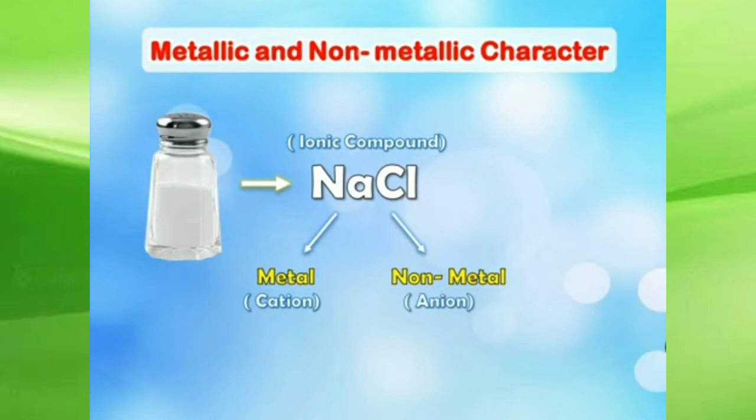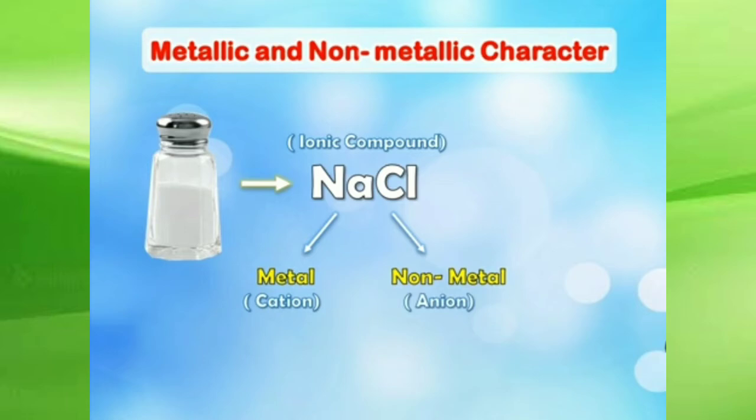Now what are cations and anions? Cations means it can lose electrons. It can lose the valence electron in its valence shell. When it loses its valence electron, it becomes a cation, with a positive charge.